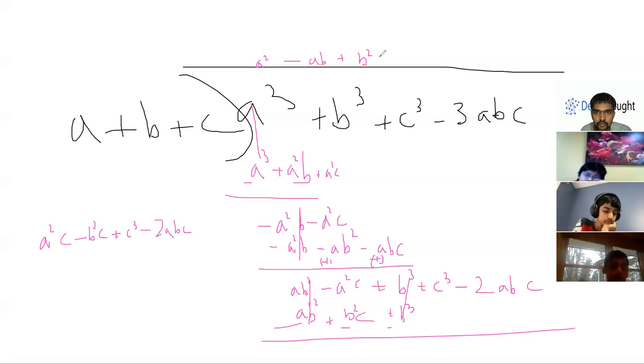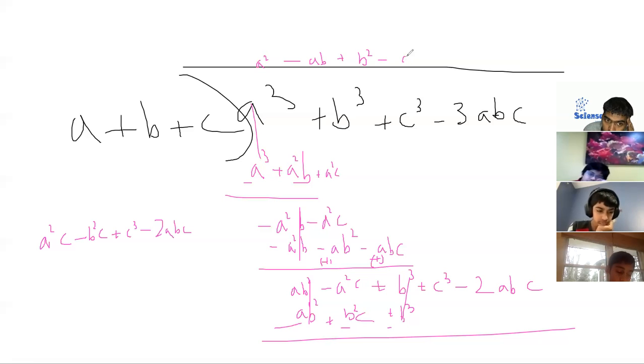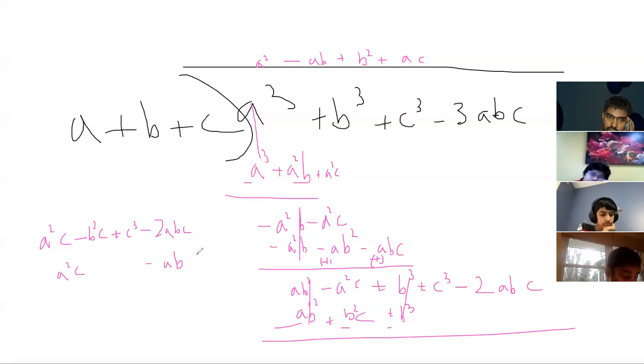Okay. So you want to knock off ac. So a square c plus abc.